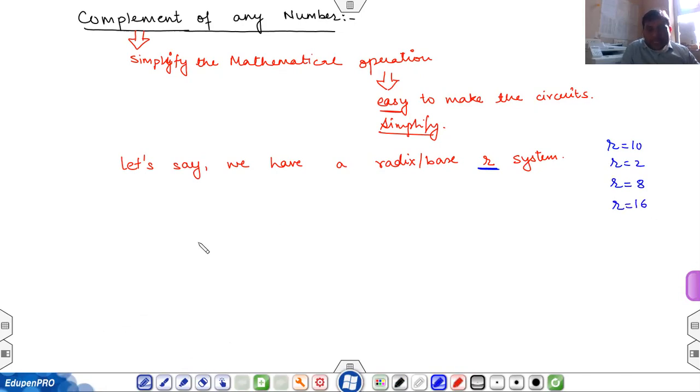In any number system, you can define two different complements. Number one, the radix complement, which is known as R's complement.